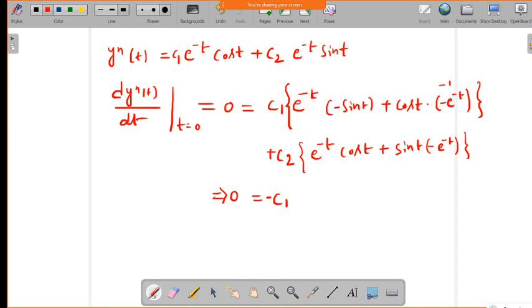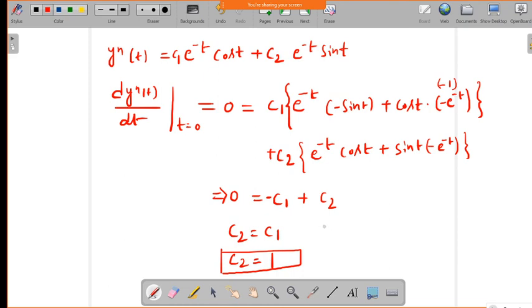So you will get minus c1 plus, here it will be 0 and this will become c2, and this will become 0. So minus c1 plus c2 will become equal to 0, so then your c2 will be equal to c1. So now c1, which you already found, is equal to 1, so c2 is also 1 and c1 is also 1.